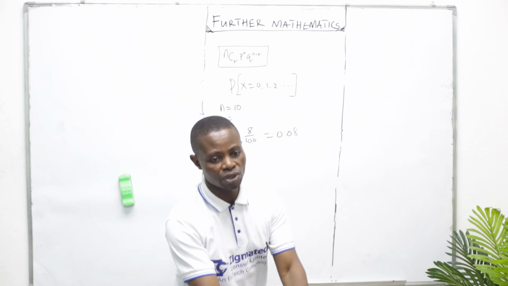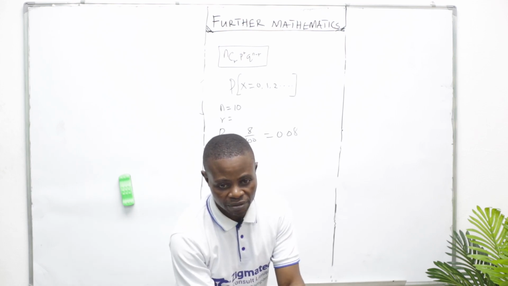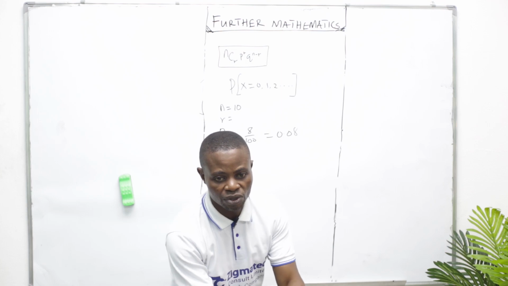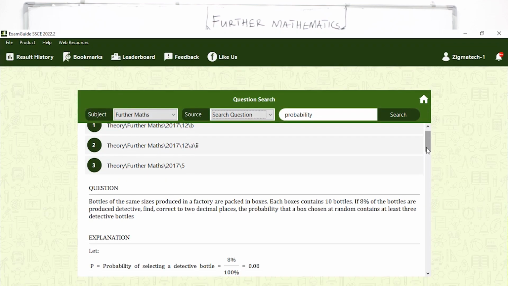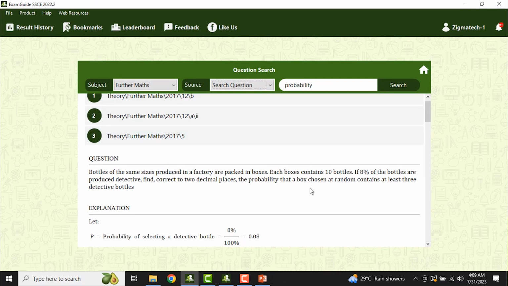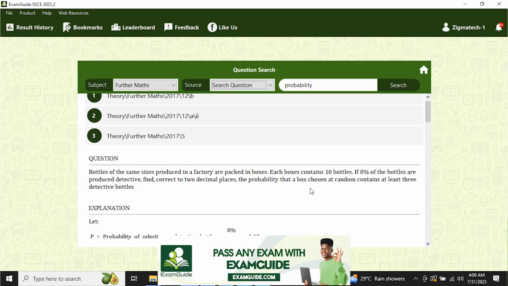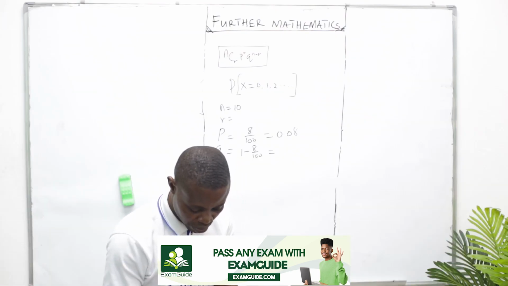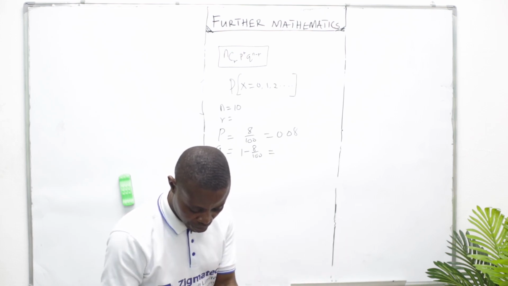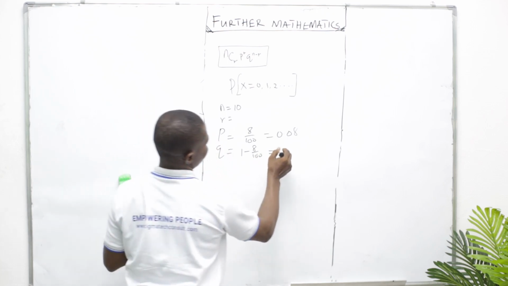The next to produce is non-defective, which is 1 minus 0.08. That is Q equals 1 minus 8 over 100, which is 1 minus 0.08, equals 0.92.